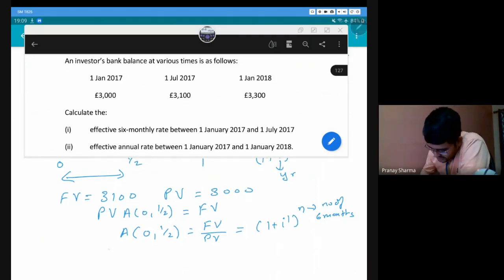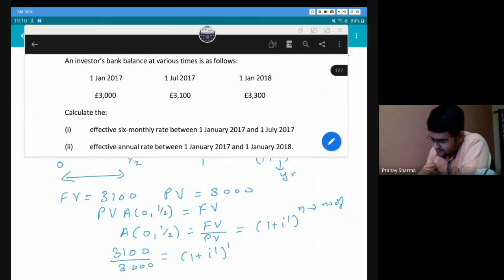That way I will have 3,100 by 3,000 equals 1 plus I dash raised to 1. In half a year, I will have 6 months, or you can say the number of half years.